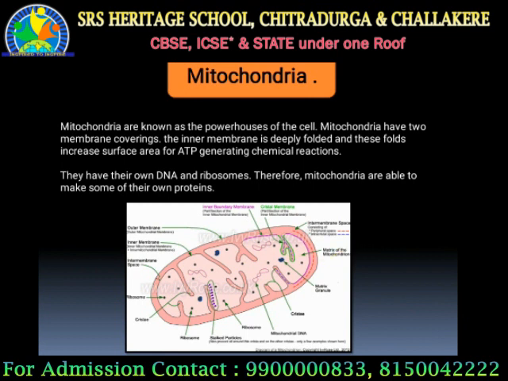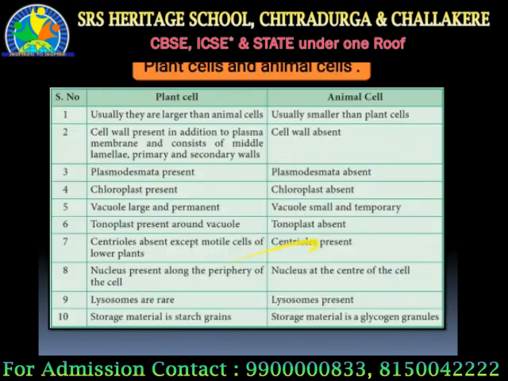That inner membrane is folded to form cristae and it will have these stacked particles, that is F0 F1 particles, which help in production of ATP. Inside the membrane it contains a jelly like substance called the mitochondrial matrix. Like how we have cytoplasm inside the cell, similarly we have mitochondrial matrix inside the mitochondria.